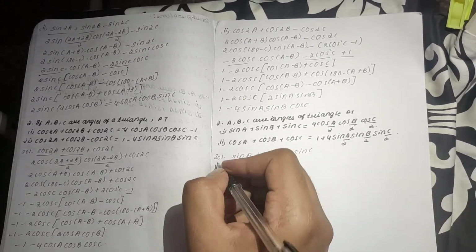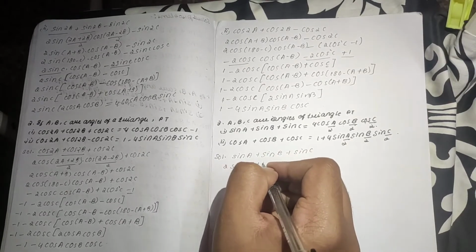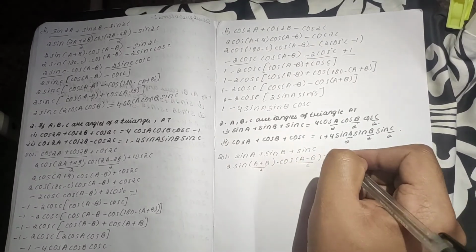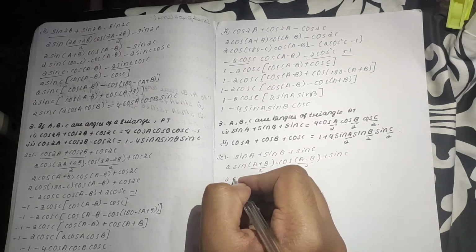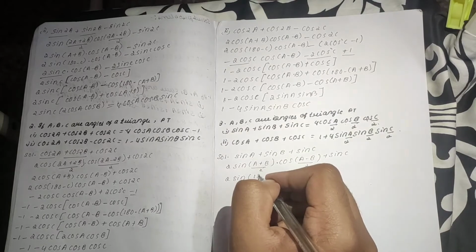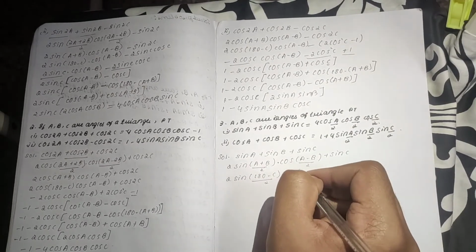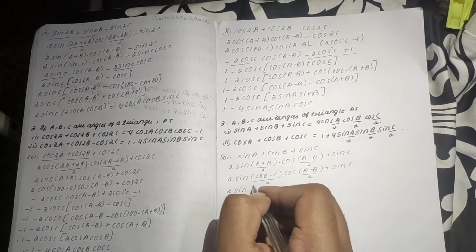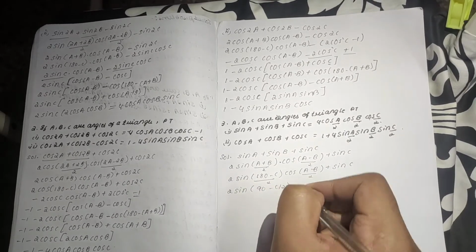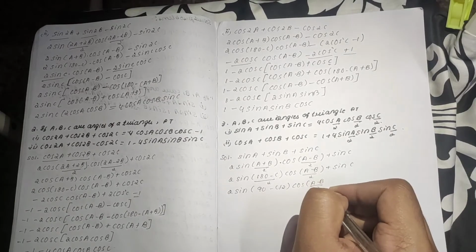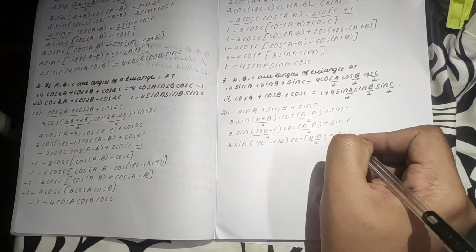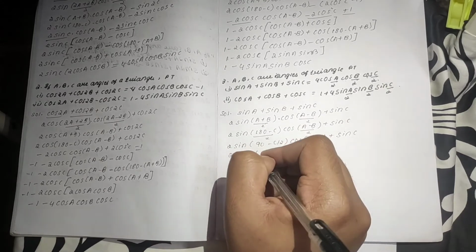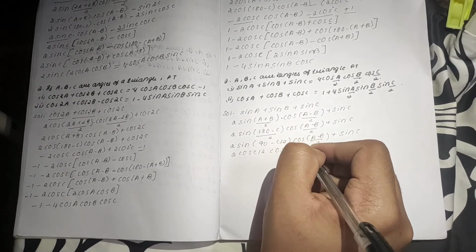This is in the formula of sin C plus sin D, which is 2 sin (A plus B)/2 into cos (A minus B)/2 plus sin C. So this is 2 sin (A plus B)/2, which can be written as (180 minus C)/2, into cos of (A minus B)/2 plus sin C. 2 sin (90 minus C/2) into cos of (A minus B)/2 plus sin C. So the value of 2 sin (90 minus theta) is cos theta: 2 cos C/2 into cos of (A minus B)/2.